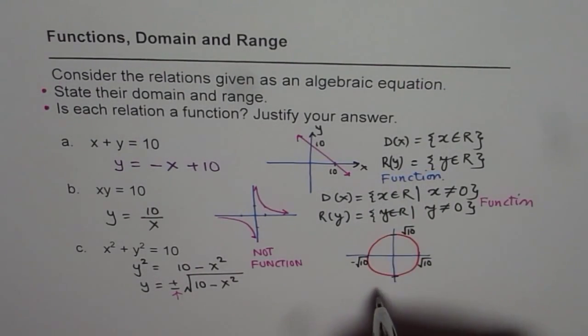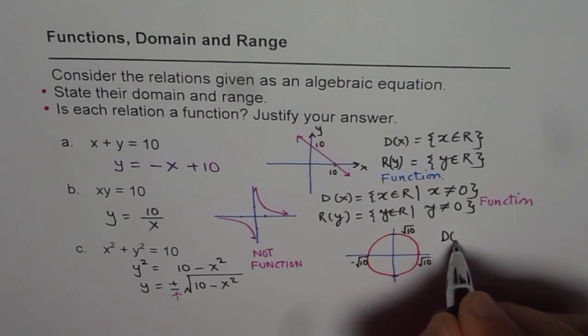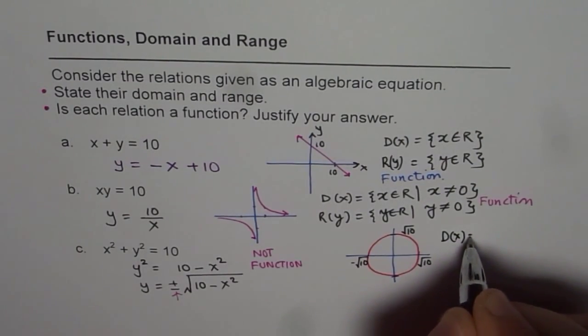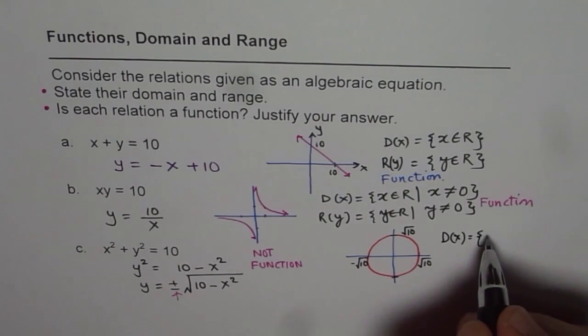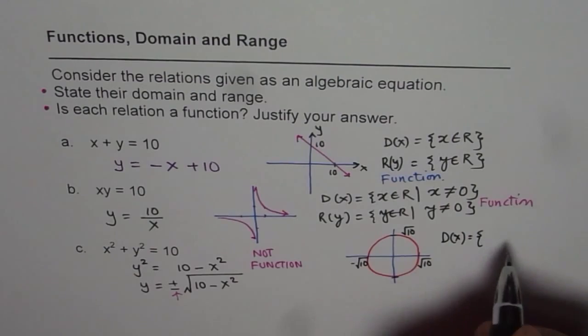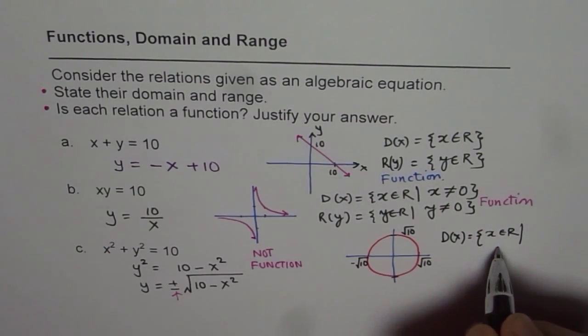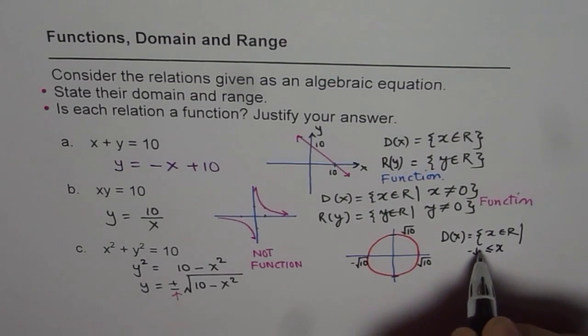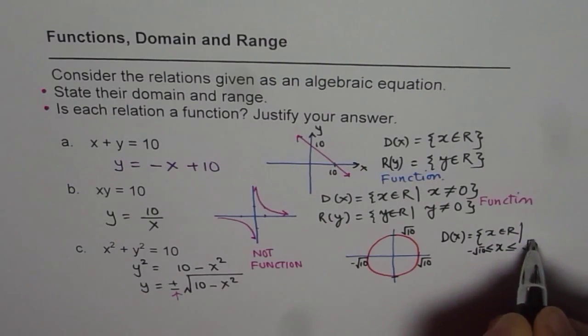And therefore, from here we can write that the domain is all x values. We say x belongs to real numbers such that x is greater than or equal to minus square root of 10 and less than or equal to square root of 10.